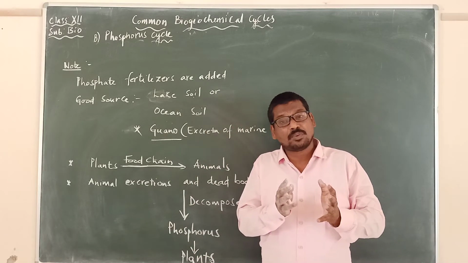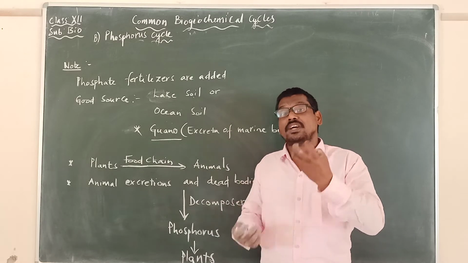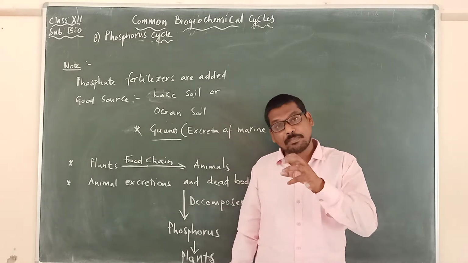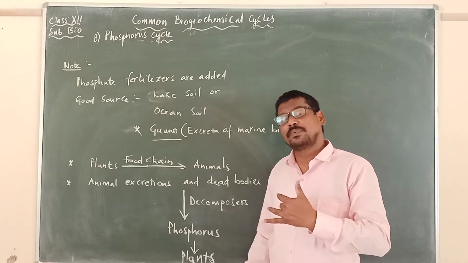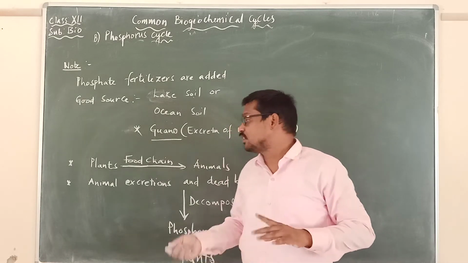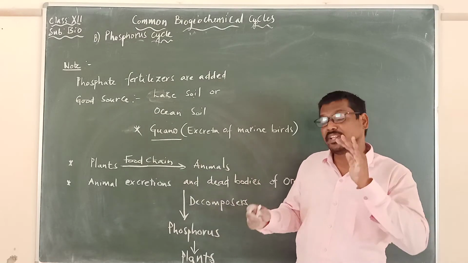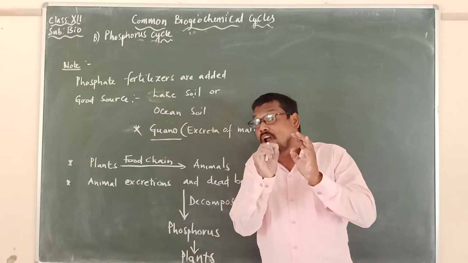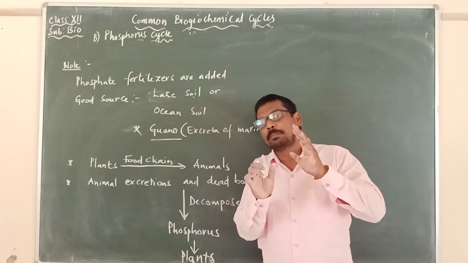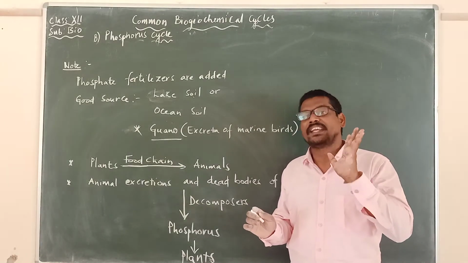Then what are the plants doing? They absorb this dissolved phosphate. When they absorb it, they convert it into organic form. Now the phosphorus is present in the plants in organic form, not inorganic.